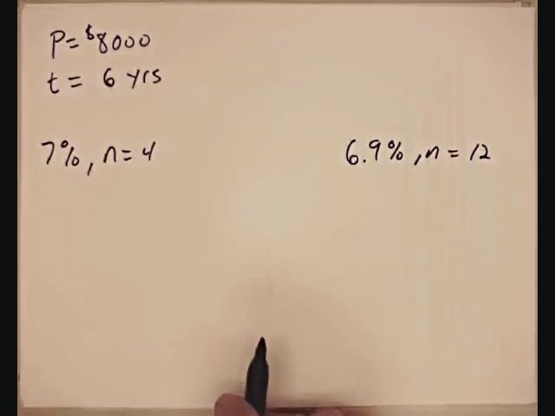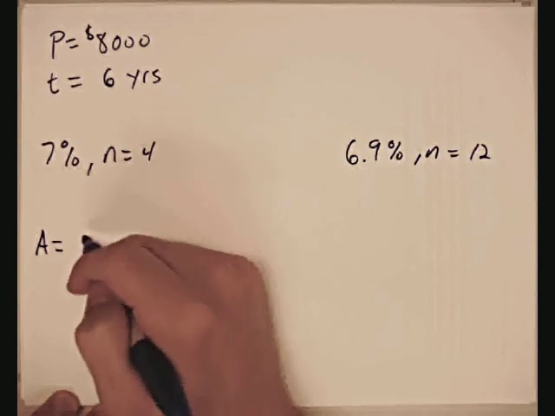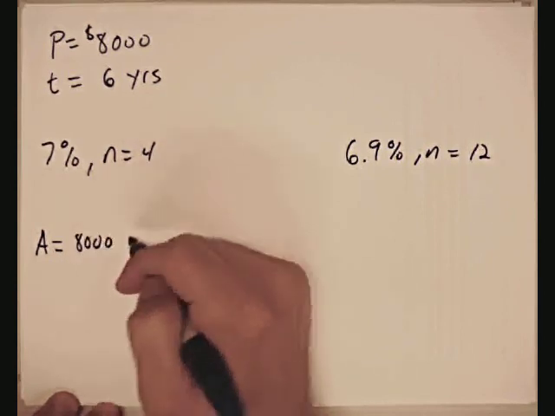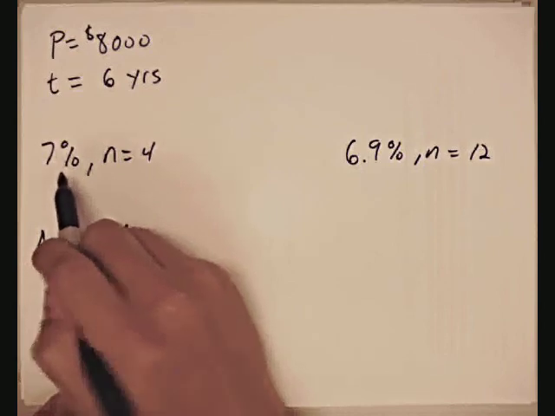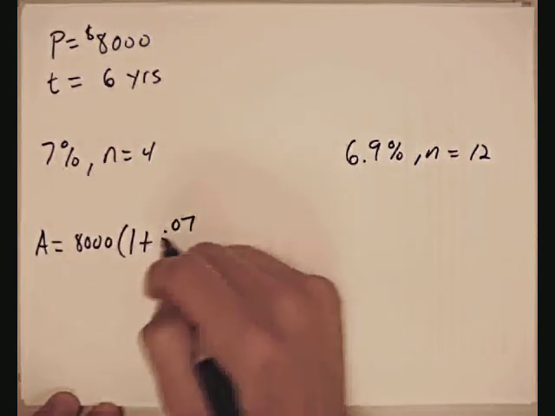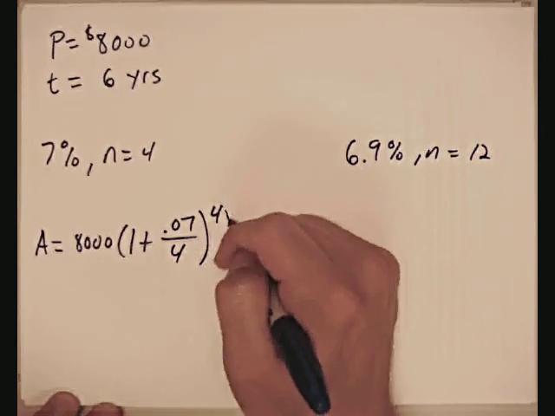So using our compound interest formula, we would have A equals 8,000 times (1 plus 7% in decimal format is 0.07 over 4) to the 4 times 6 power.